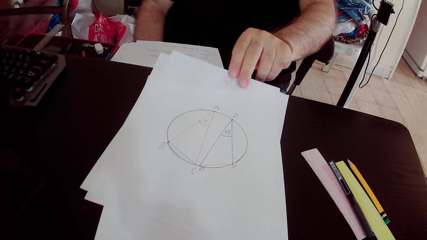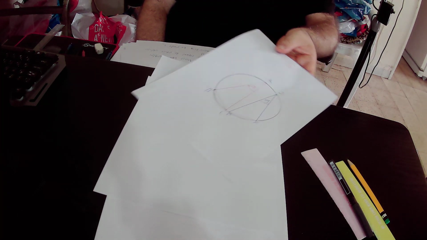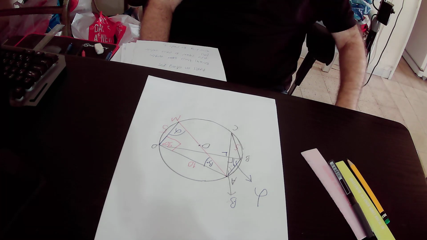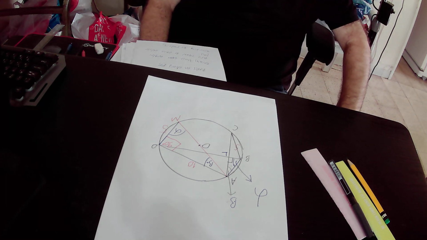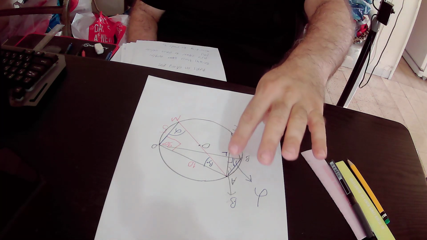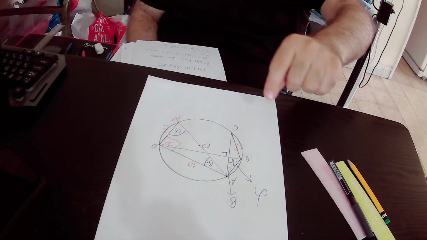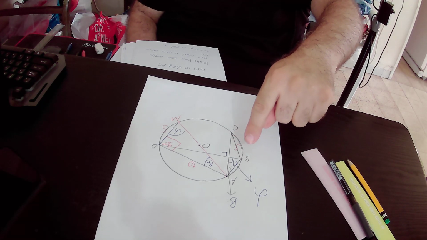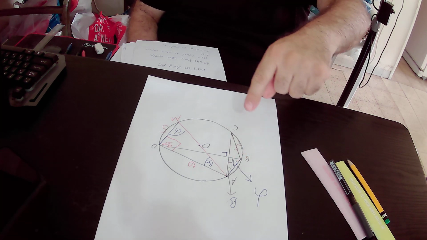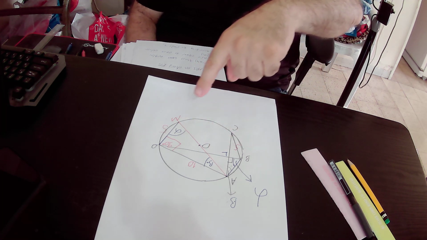Okay, so we can implement rule number 3 in our circle. We have angle BAC that rests on chord BC, and angle MAD that also equals beta rests on chord MD.